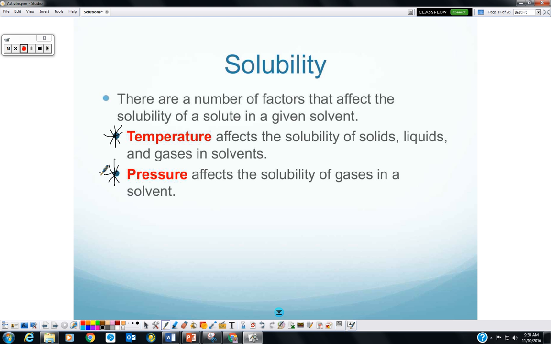The opposite happens whenever it's a gas in a liquid. So when we're trying to inject carbon dioxide into Coca-Cola to make it have the fizz, they actually have to reduce the temperature of the liquid. So the lower the temperature gets, the more of that gas can be injected. That's why if you have a 2 liter of Coke, it's better to keep it in the refrigerator because it'll hold that carbonation longer.